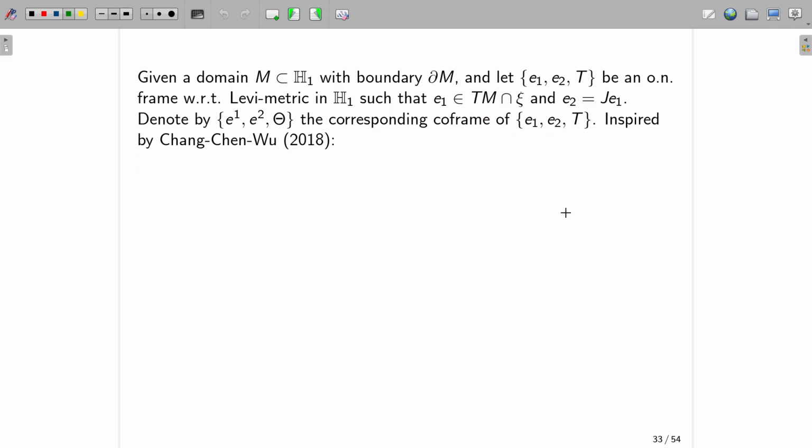Next, given a domain M with boundary ∂M, let E1, E2, T be an orthonormal frame with respect to the Levi metric, such that E1 is in a one-dimensional foliation and E2 is as before, and we denote the dual basis, which is three one-forms: e1, e2, and the contact form.